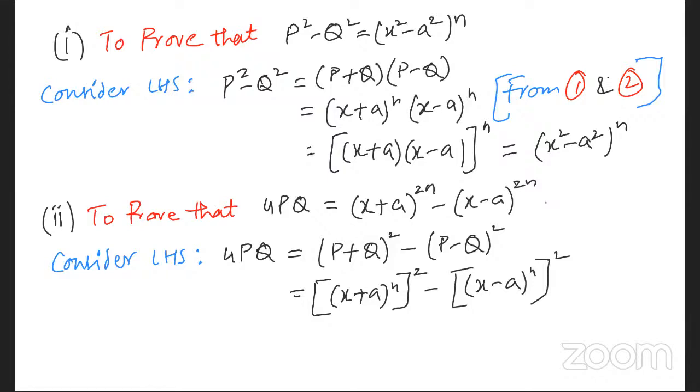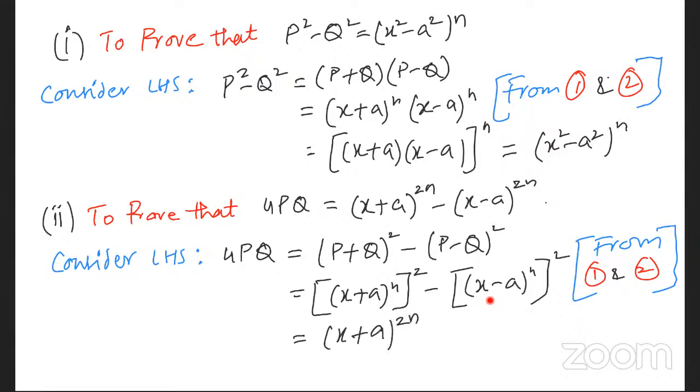Again, this is from equations 1 and 2, because p plus q is x plus a whole to the power of n, p minus q is x minus a whole to the power of n. Now, this is nothing but x plus a whole to the power of 2n minus x minus a whole to the power of 2n. So, this is the end result.